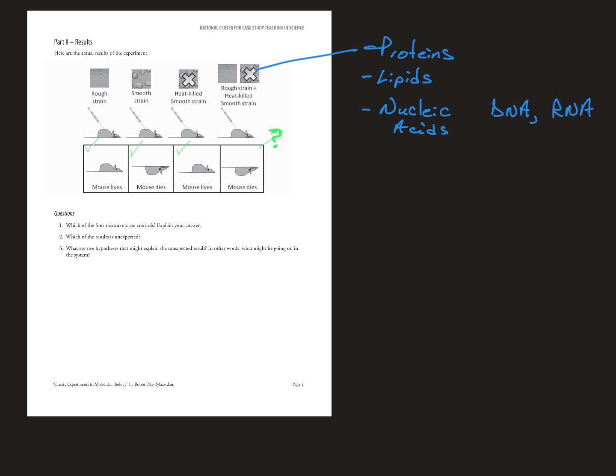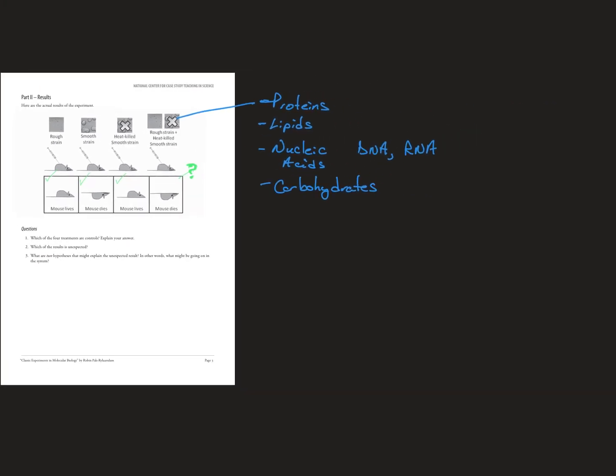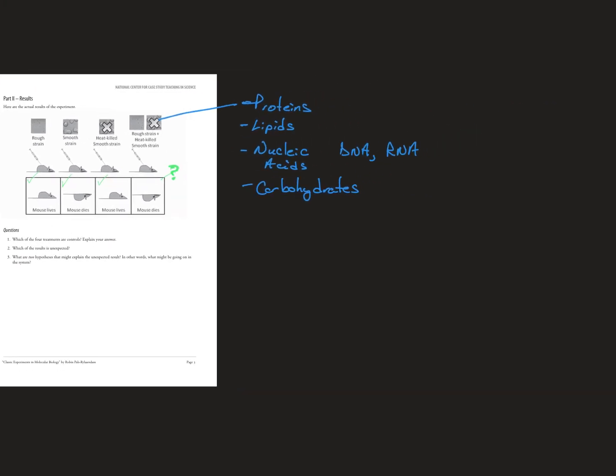And we know there's carbohydrates. So we know those four things are in that bacteria. Today we know it's probably DNA and RNA, but how did they know it was?